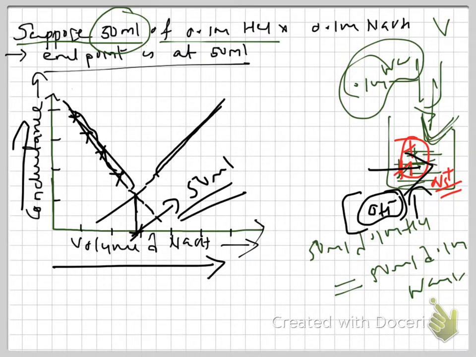After the endpoint, there is no H plus, but instead the concentration of OH minus increases by excess of NaOH. Then conductance increases. Midway between these two lines, we have an intersection, and at that point we will get the endpoint. This is the graphical way of determining the endpoint of conductometric titration. In the first case, strong acid against strong base.